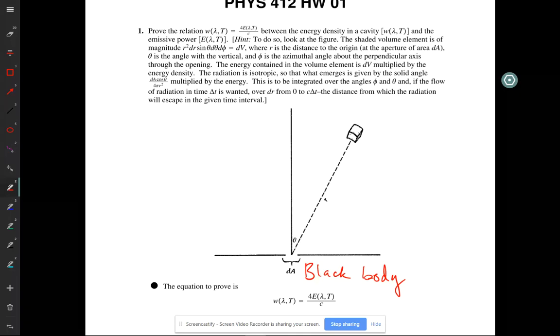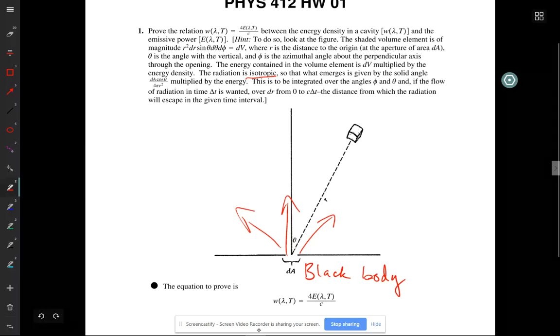It's not saying we have a real black body. It's saying we have a cavity. The cavity behaves like a perfect black body because, of course, anything that hits this hole goes through. And that's what defines a perfect black body, the radiation going in and out. Inside, you have something that's hot and in equilibrium. So that's what the simulation is. And so this says to assume isotropic radiation, which means that the radiation is going out in all directions equally, except for one thing.